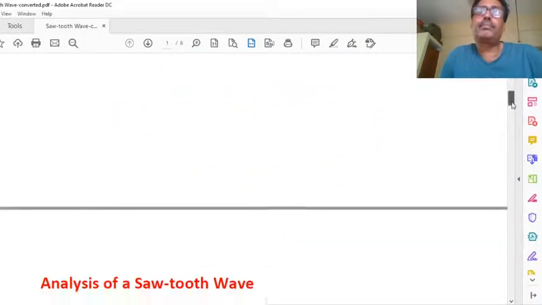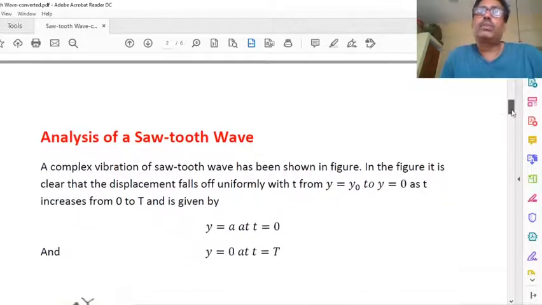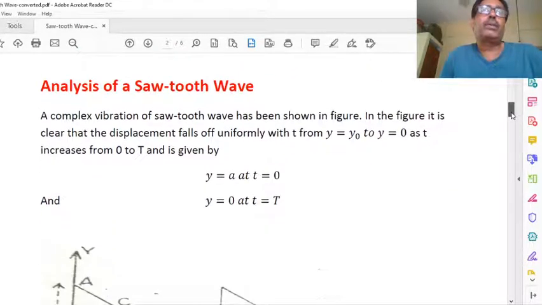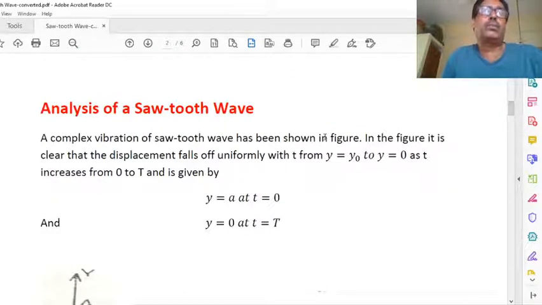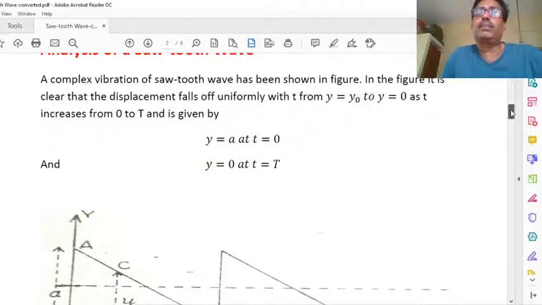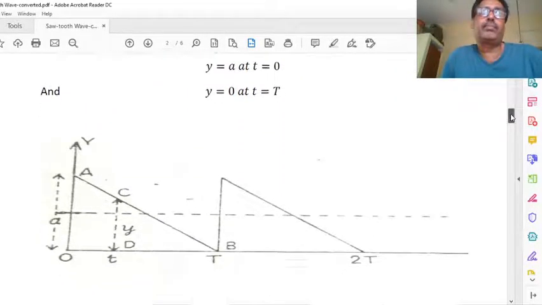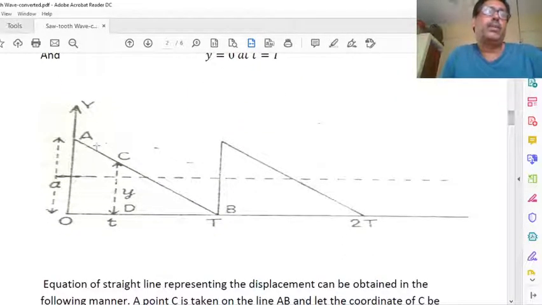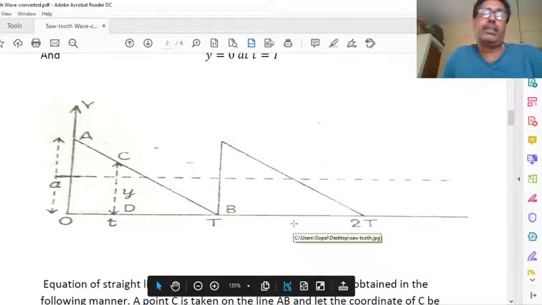See here. So the topic is analysis of a sawtooth wave. A complex vibration of a sawtooth wave has been shown in the figure. This is your figure. This is the y-axis, this is your x-axis, and this is your time axis.